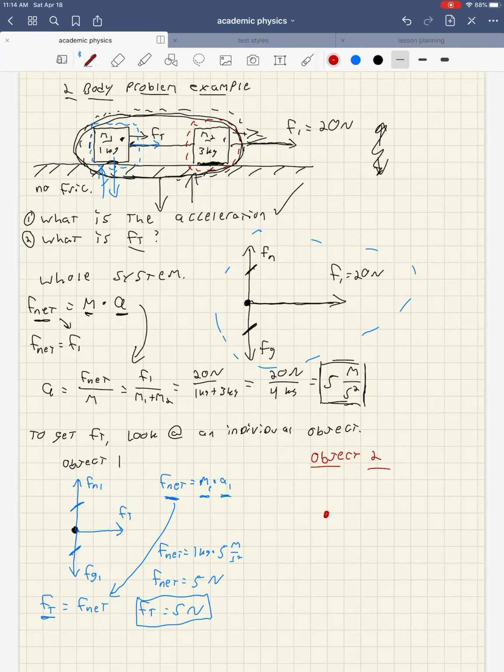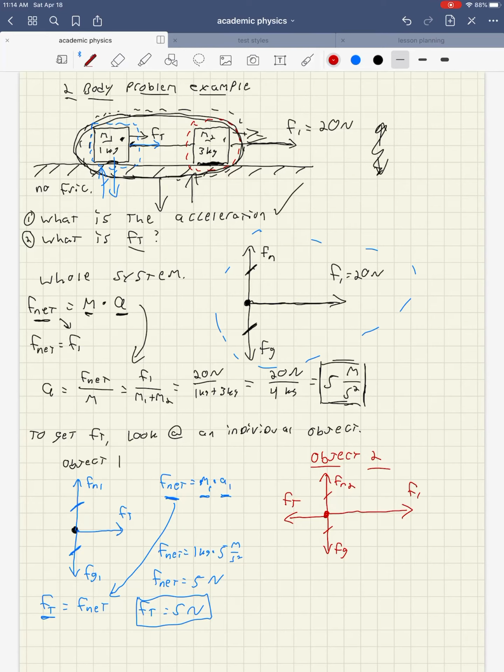We have the normal force acting on it. We have force of gravity acting on it, like always. Maybe not always, but in this instance, they're going to cancel out, so we're not really going to worry about them too much. I've got F1 pulling on it, and I've got Ft pulling back on it.